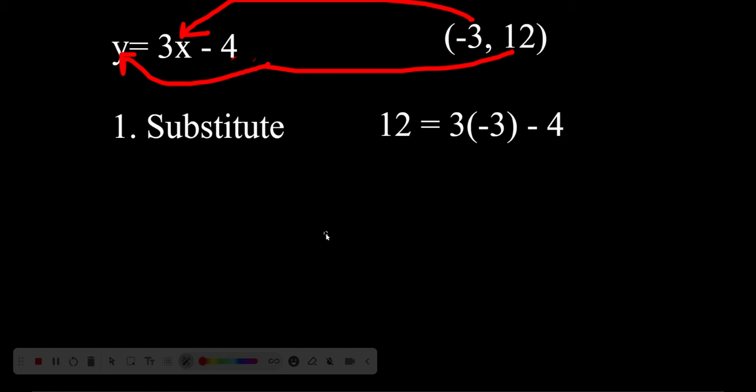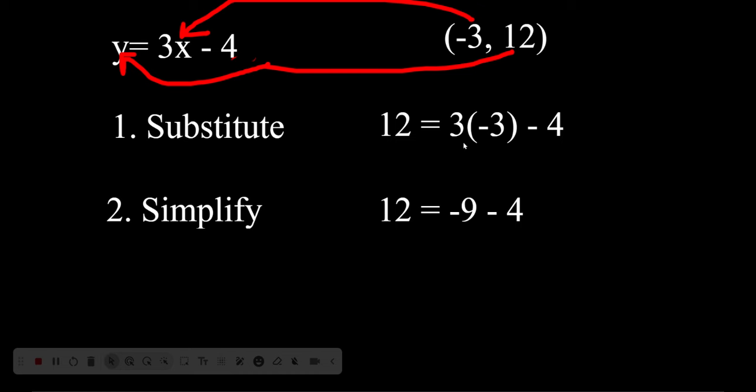Now the next step would be to simplify. I get this because 3 times negative 3 is negative 9. Negative 9 minus 4 is negative 13. So that means these two things don't add up.